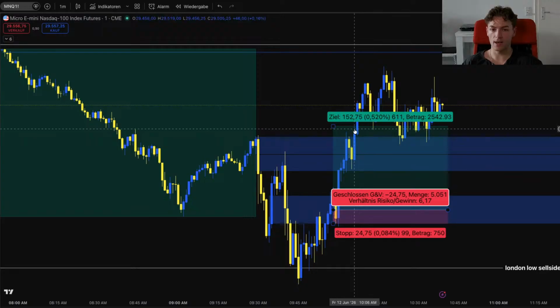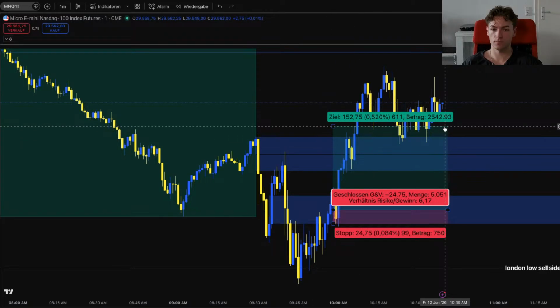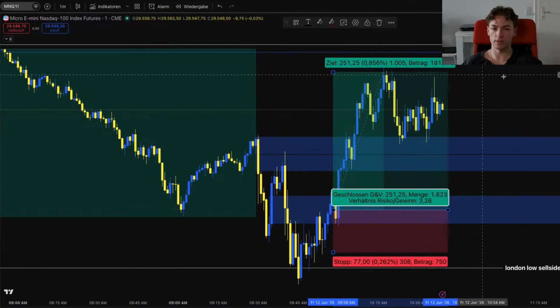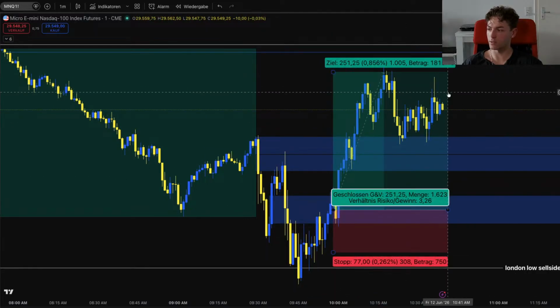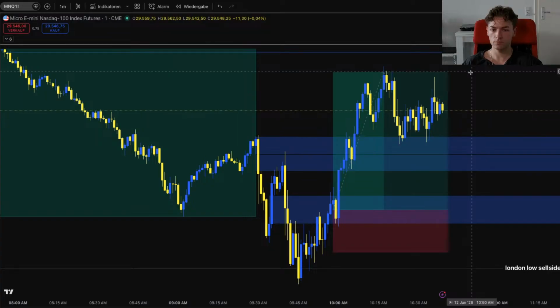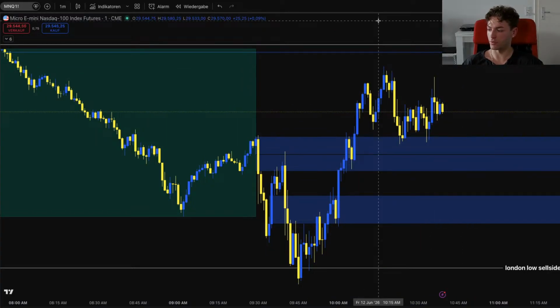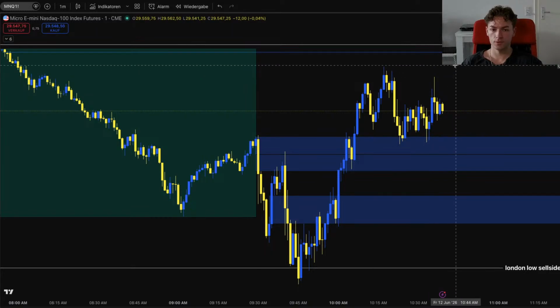So add this kind of overlay, take profit and stop loss, and then screenshot it and post it like this. I think it's way easier to understand what you entered on, where your stop loss was, and take profit.